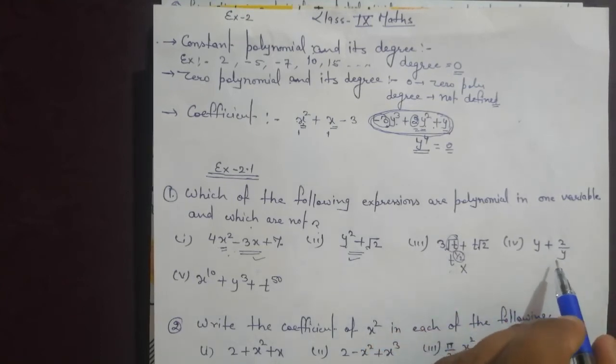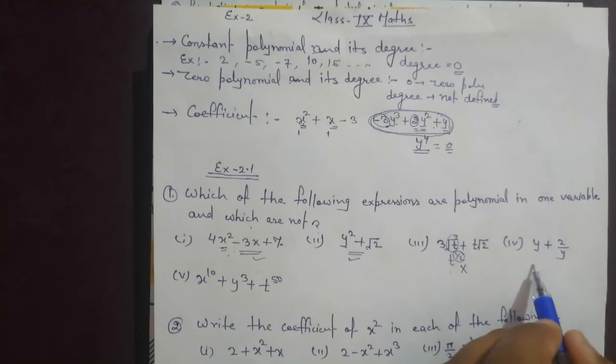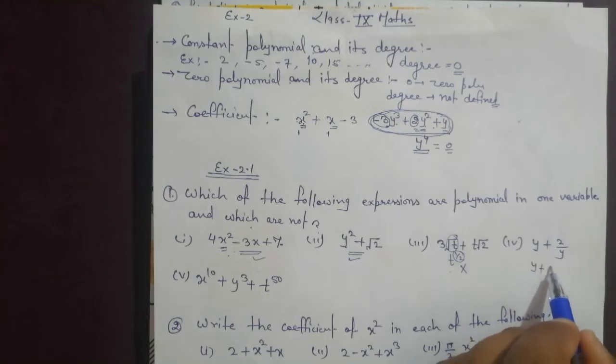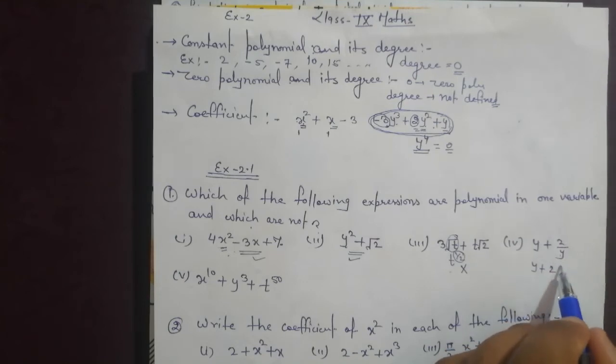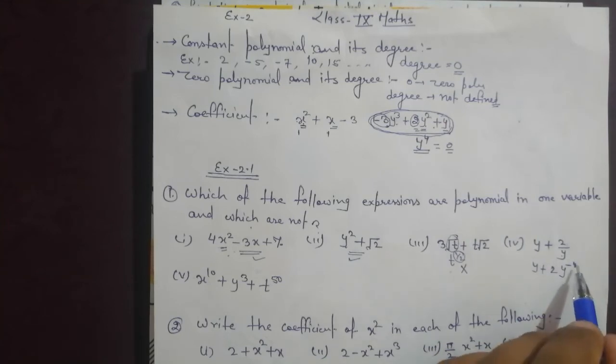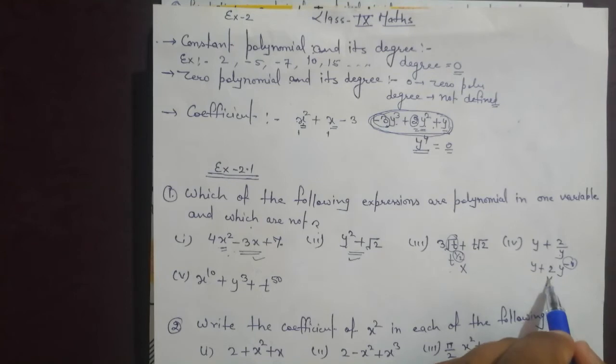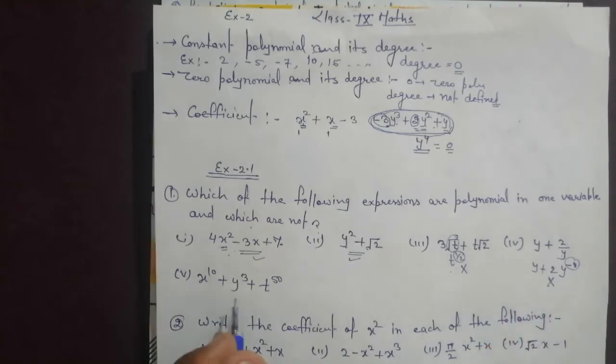Next is y plus 2 upon y. In this we can write it this way, 2 times 1 upon y. If y goes upside, then its power will be minus 1. Here the power of y is minus 1, so this is also not a polynomial.